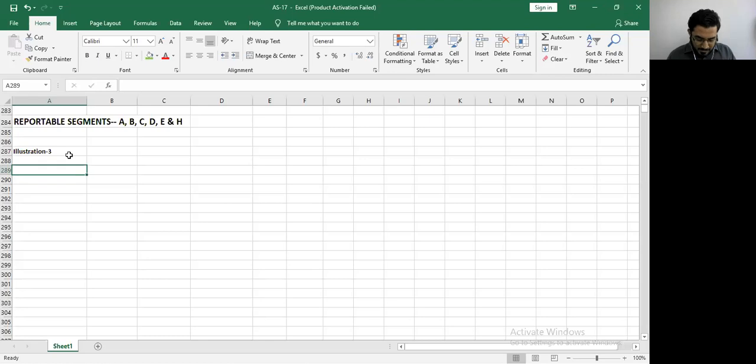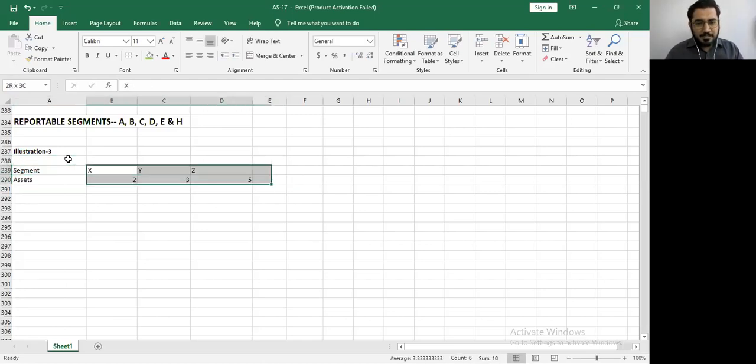Pay attention. Messrs XYZ Limited has 3 segments, X, Y, and Z. So I'm writing over here X, Y, and Z. We have 3 segments. Look ahead at what is given. Segment X has 2 crores, segment Y has 3 crores, and segment Z has 5 crores. So your assets from the segments are 2 crores, 3 crores, and 5 crores.